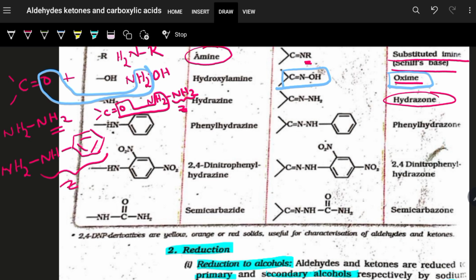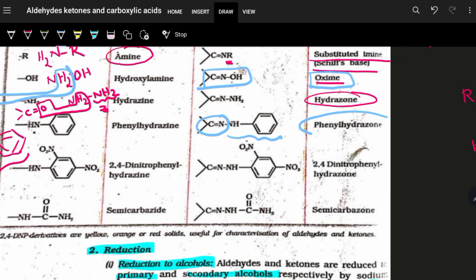And there is elimination of H2O when it reacts with carbonyl. How? This H2 and this oxygen get eliminated and the product has a C double bonded N linkage with the rest of the part as it is, and from phenylhydrazine you will obtain phenylhydrazone.